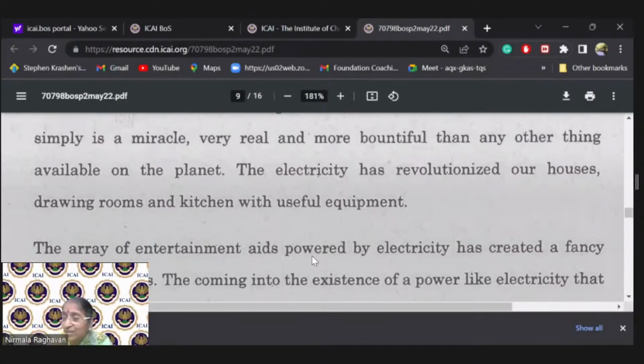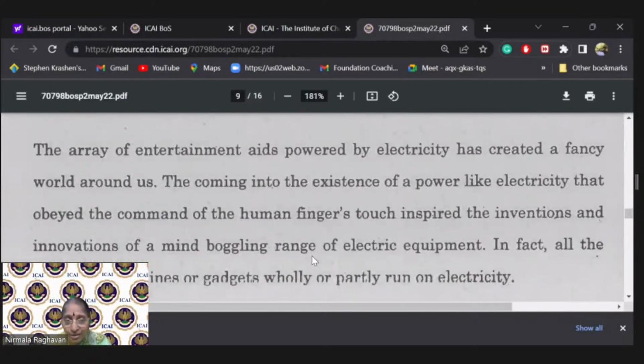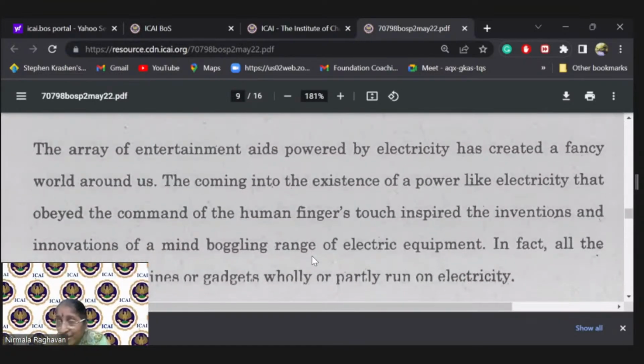What are the uses of electricity? Just plenty. Electricity has revolutionized our houses, drawing rooms, and kitchens with useful equipment. The array of entertainment aids. What does array mean? The list of items, the list of things that electricity helps with.